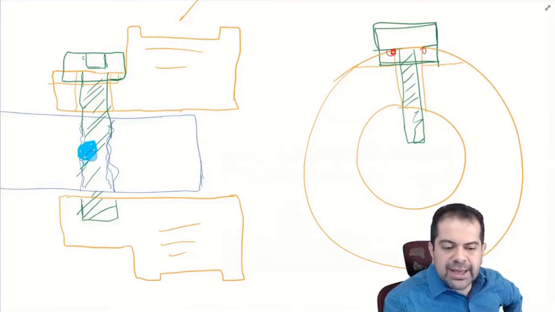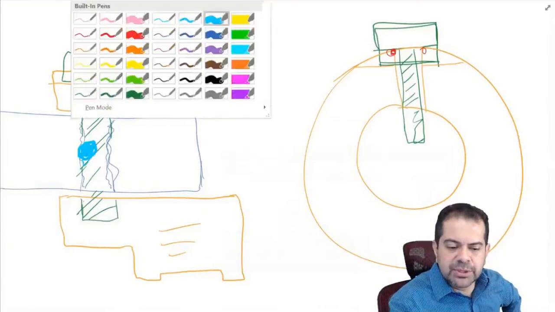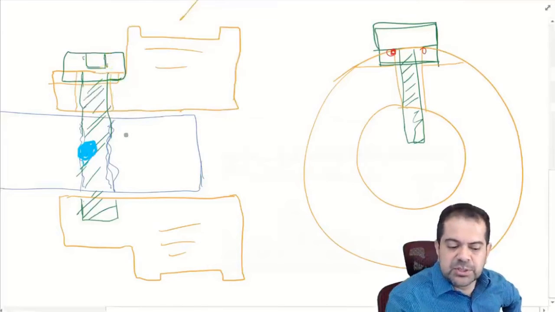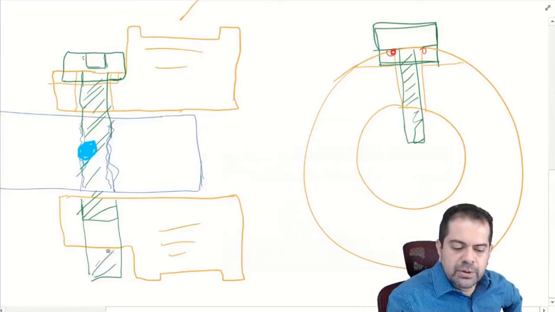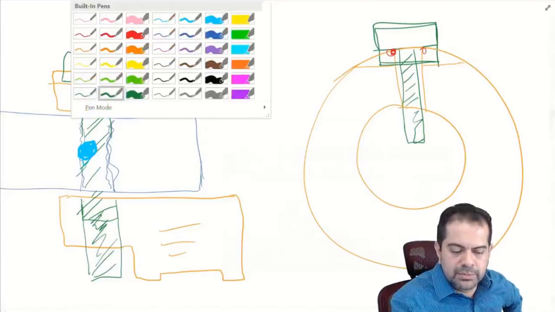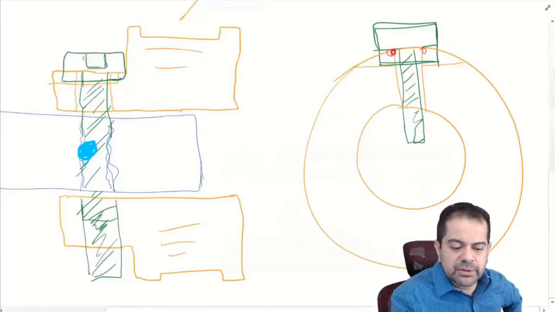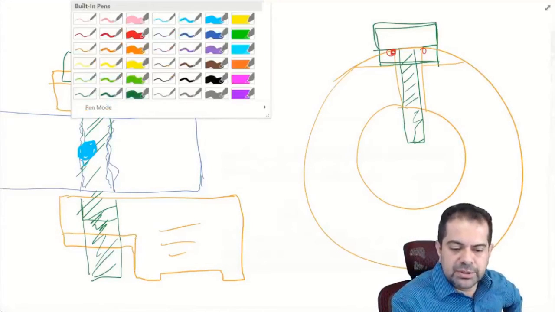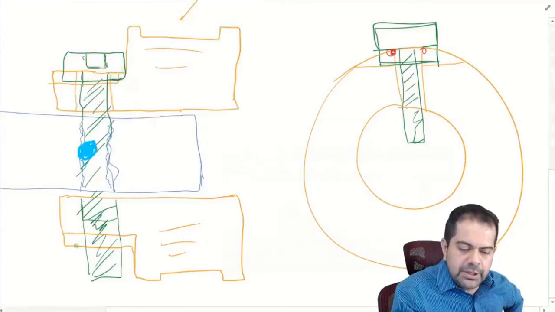I have not had the need to do the following, but if necessary, I suppose it is possible to have the screw go all the way through and possibly even add another flat on this end and then add a jam nut. I'm running out of colors here. A jam nut to secure the other end.